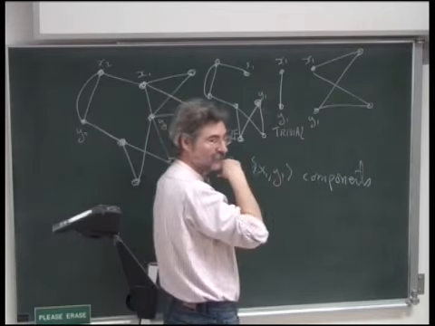So here there are three hinges: x1, y1 is a hinge, x3, y3 is a hinge, and x2, y2 is a hinge. The other two vertex separators are not hinges.